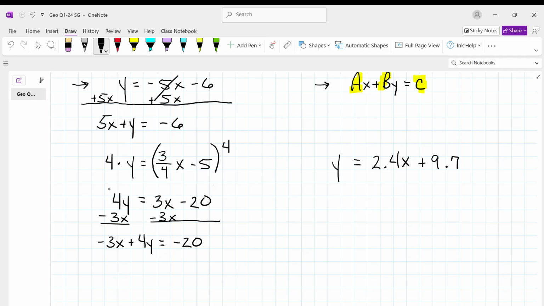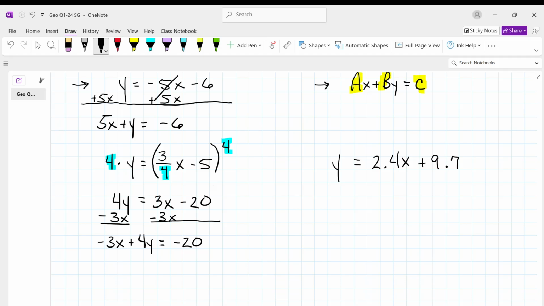All right, so previous problem, we had a fraction that we had to get rid of. We did it by multiplying both sides of the equation by the denominator. When we've got decimals, we've got one decimal place that we have to get rid of. That's a tenths position. Agreed?